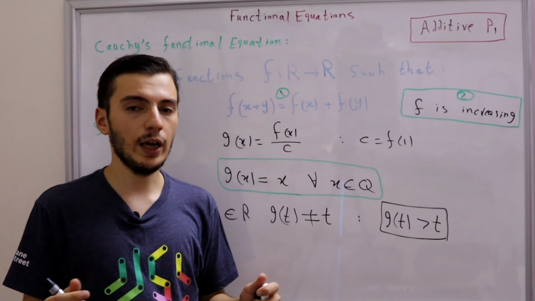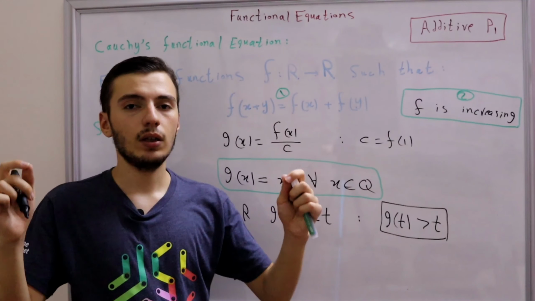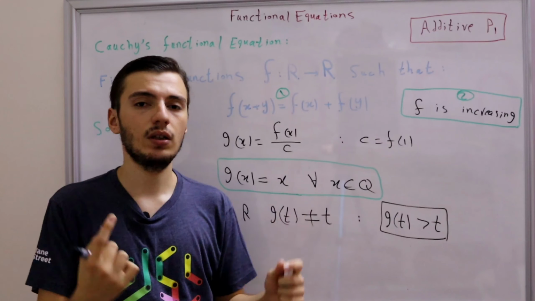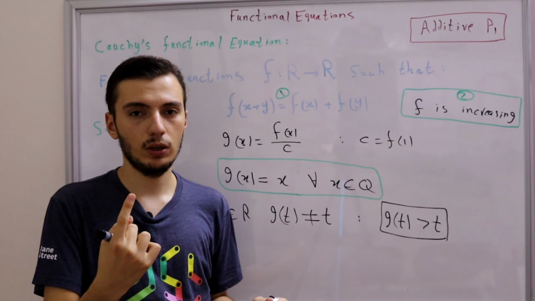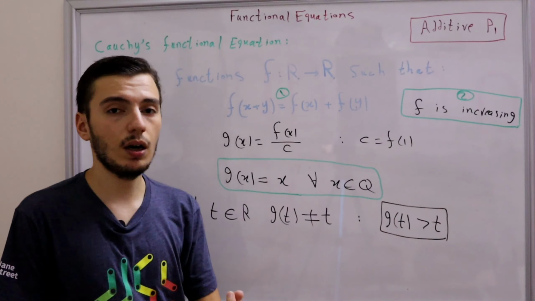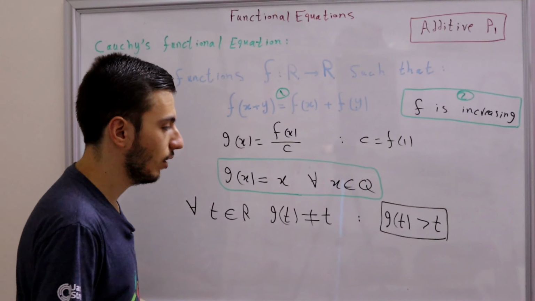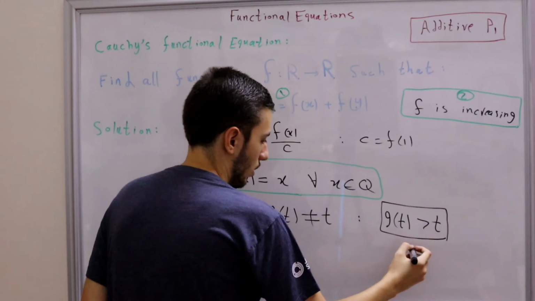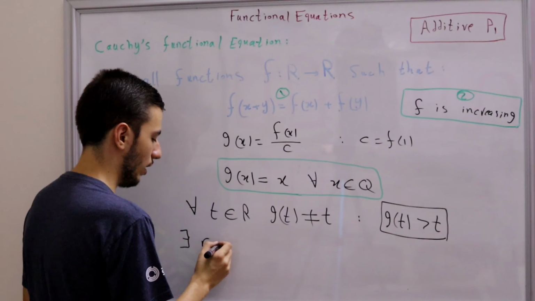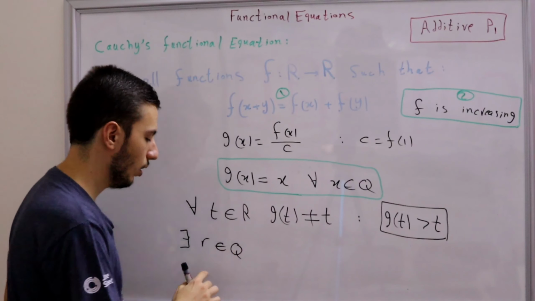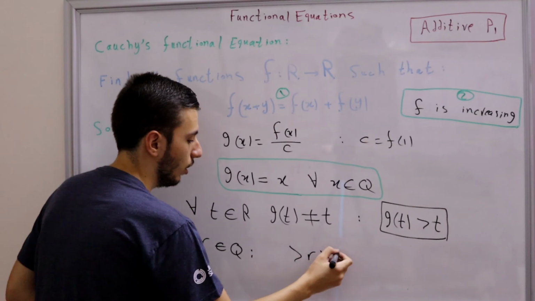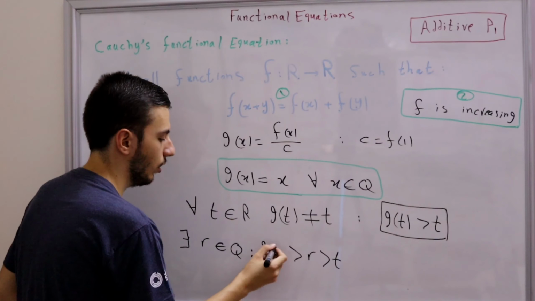The answer is yes, because between any two distinct real numbers you always have a rational number. Actually lots of rational numbers, but let's pick one of them. Let's call it r. Of course we have such a rational number, and it satisfies r is between t and g of t.